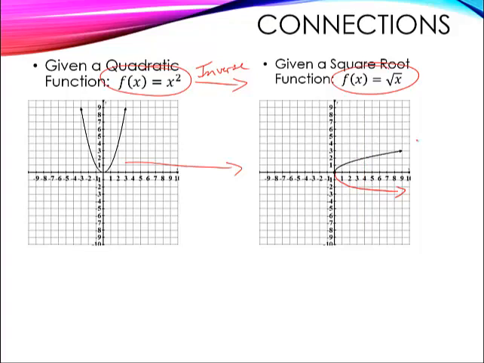Therefore, we need to split this up into two functions. The inverse of your graph is two functions. The top portion will be f of x equals the square root of x. The bottom portion would be f of x equals negative square root of x. As you see, the negative flipped your graph across the x-axis.